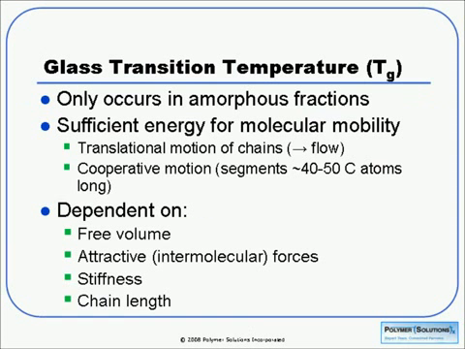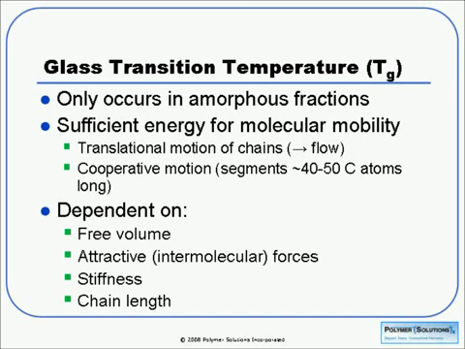In that case, we have some ordering of the chains. They have a specific orientation relative to each other, but between those areas of order, there are amorphous regions connecting them together. Because polymers, just like any other material, are subject to entropy, we can't have a completely ordered system, so it's always going to be partially crystalline.